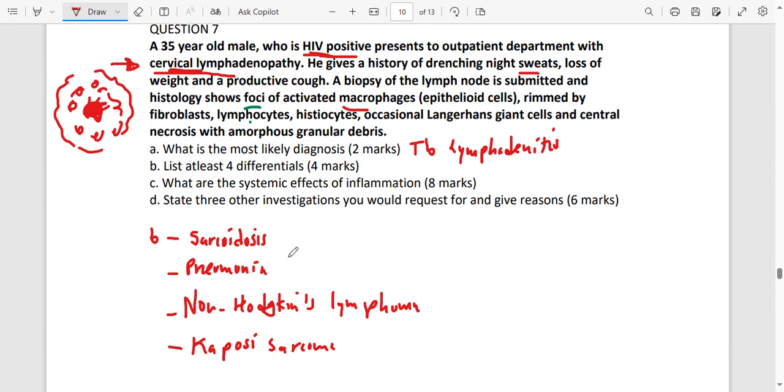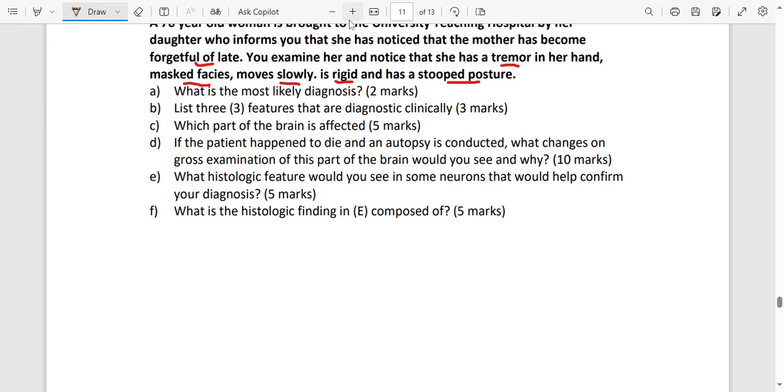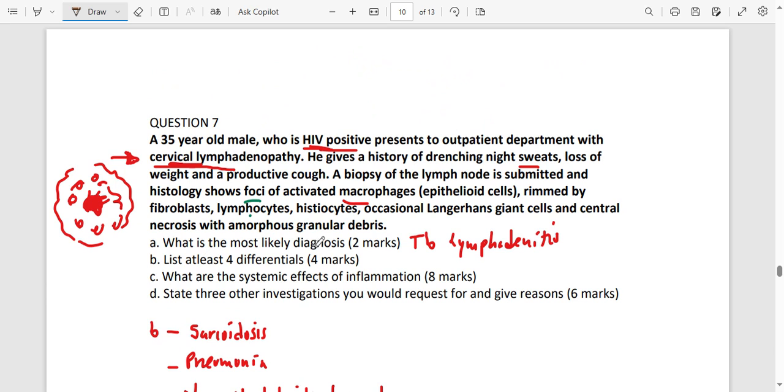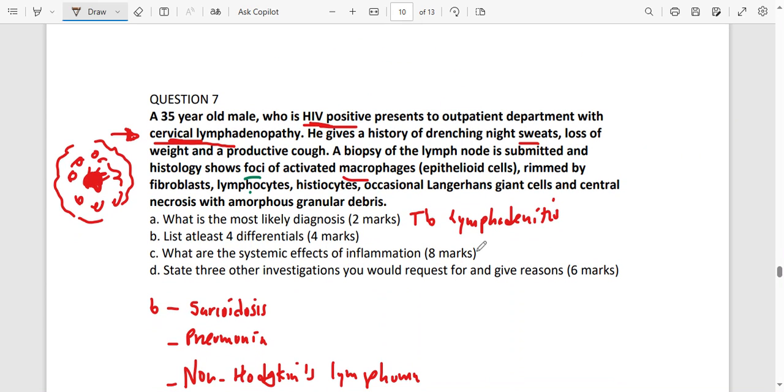Okay. The previous question, C. Oh, we didn't answer this one. What are the systemic effects of inflammation? We can simply mention them, isn't it? Anyone that can help mentioning this?